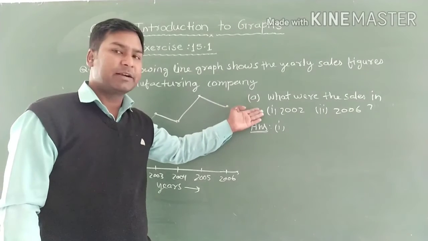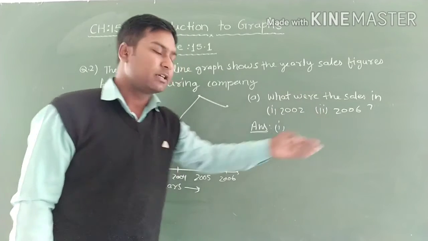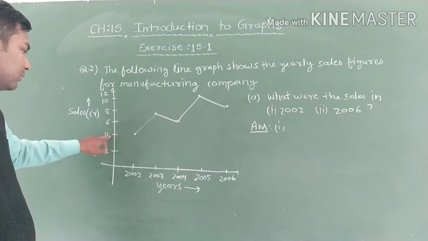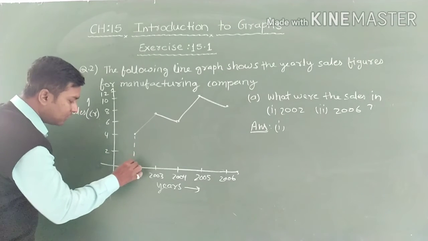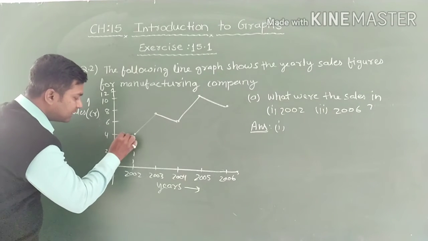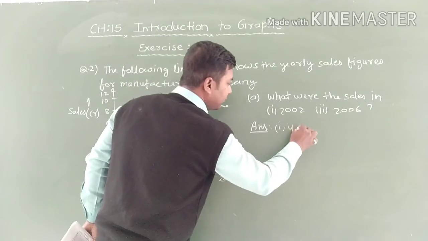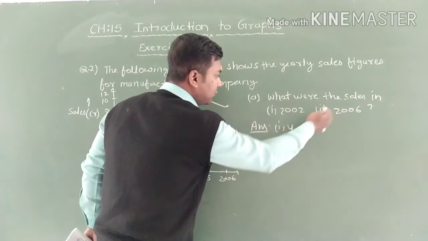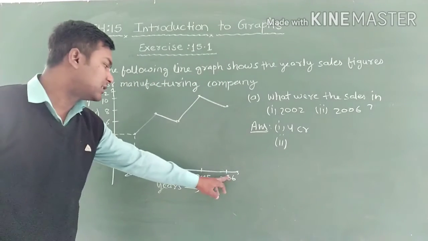So A part: what were the sales in 2002 and 2006? At 2002 the sales were 4 crore. Just draw a dotted line, so at 2002 the sale is 4 crore, and here you can write 4 crore. Now the second part: what were the sales at 2006?